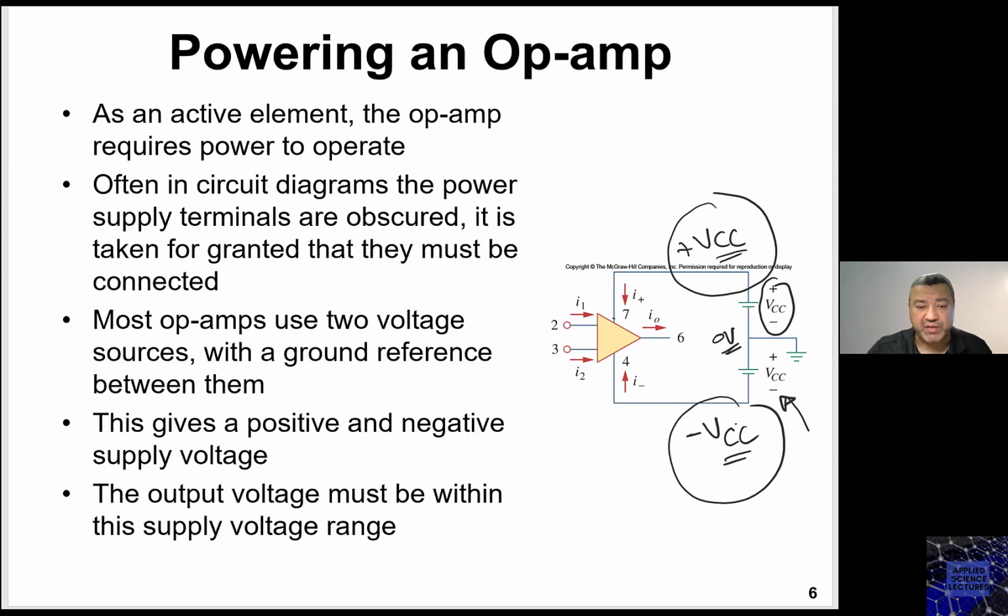It cannot generate power from nothingness. It relies on what you supply to it in order to operate. So it cannot give you a voltage at the output that is greater than VCC. It cannot give you a voltage at the output that is less than minus VCC. So keep this in mind. This is the range that this operational amplifier plays within.